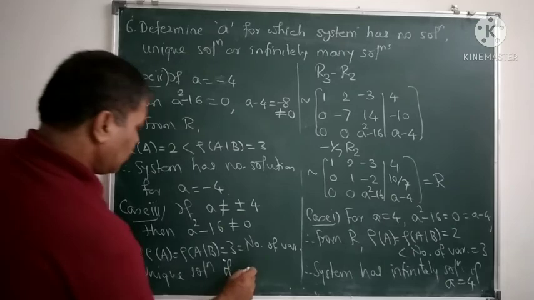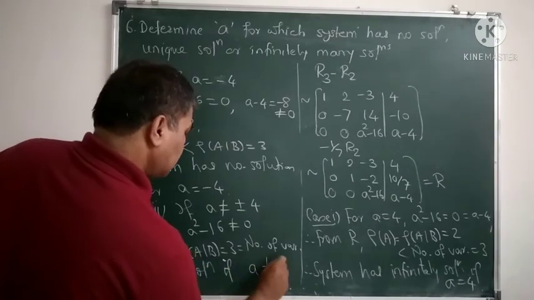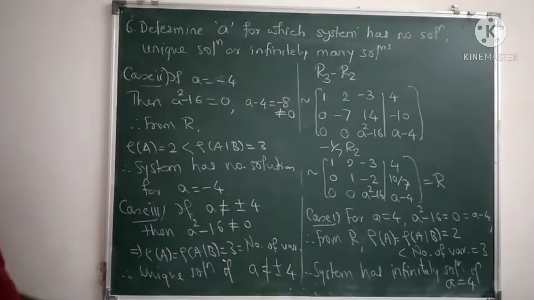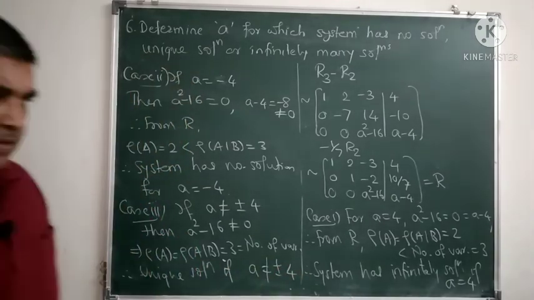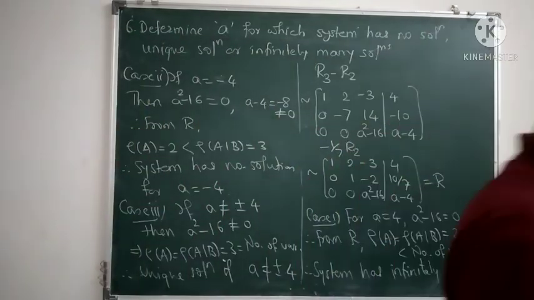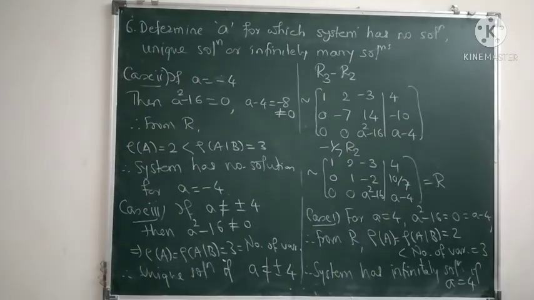If a is not equal to plus minus 4, except these two values, the given system has a unique solution. Is it clear? For a equal to 4, the system has infinitely many solutions. For a equal to minus 4, the system has no solution, and for a not equal to plus minus 4, the system has a unique solution.